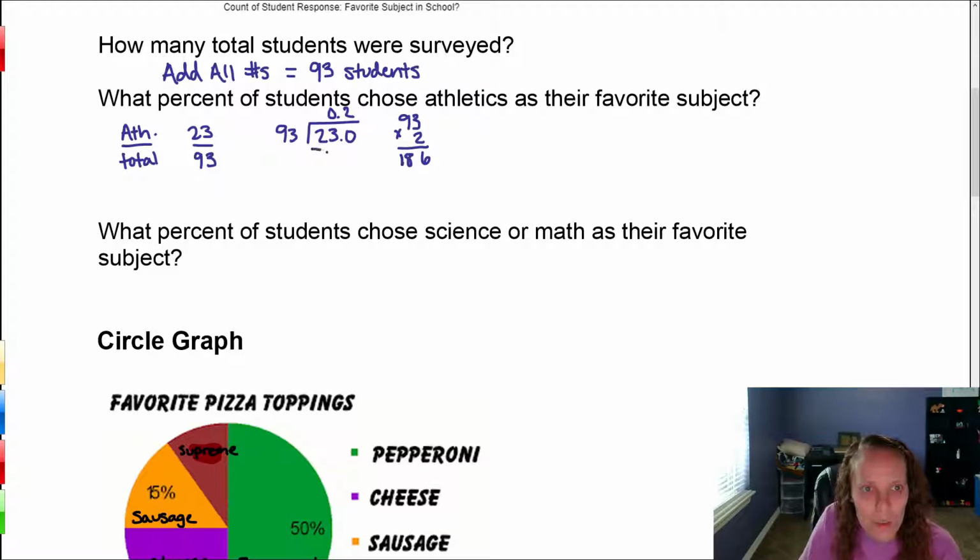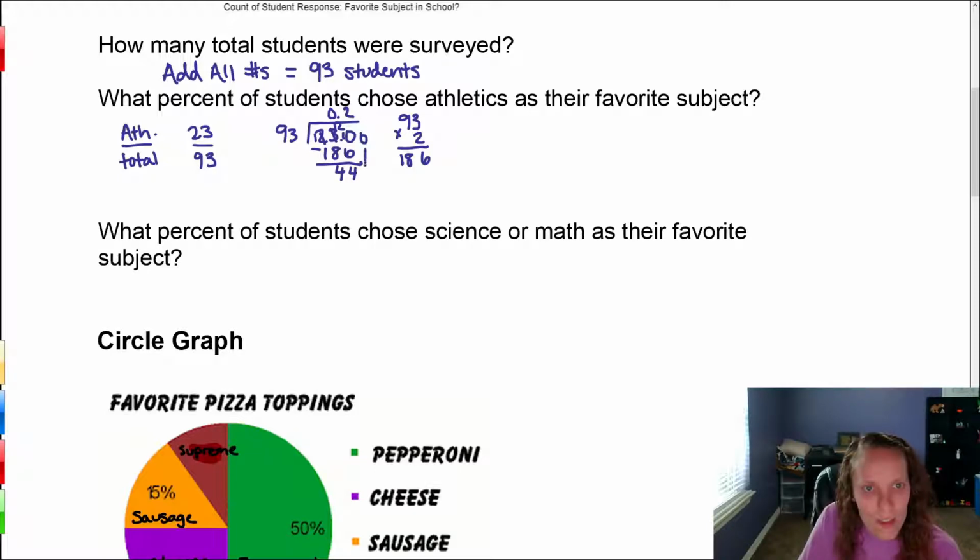So we're going to subtract 186. Now we can't do 0 minus 6, so we're going to need to borrow, make that a 2. So 10 minus 6 is 4. Borrow from the 2, make it a 1. Now this is 12. 12 minus 8 is 4.